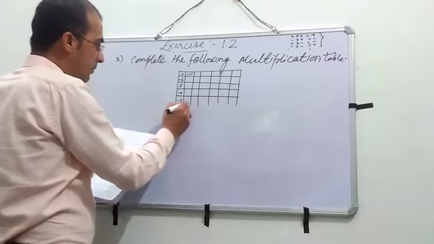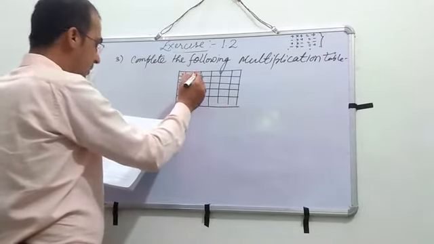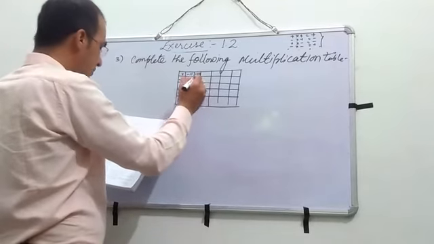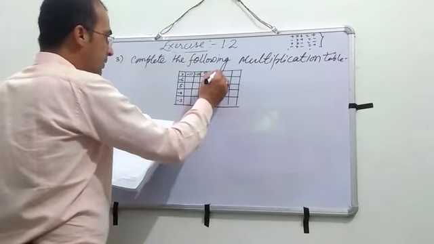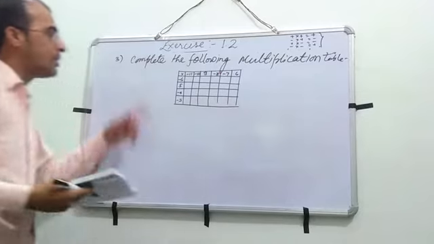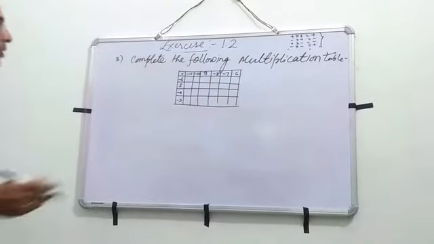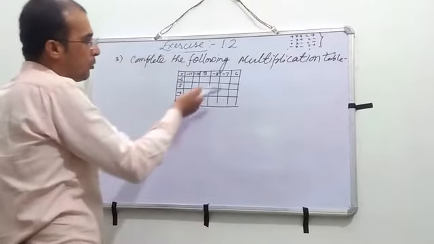Here minus. And what is here? Here minus 11, minus 10, plus 9, minus 8, minus 7, 6. You have to complete this table. What you have to do? So this is your question. You have to complete this.